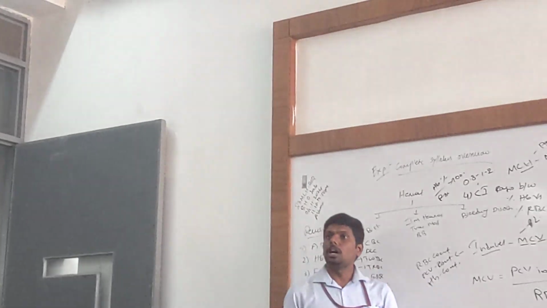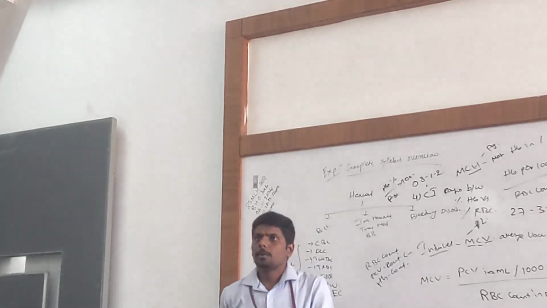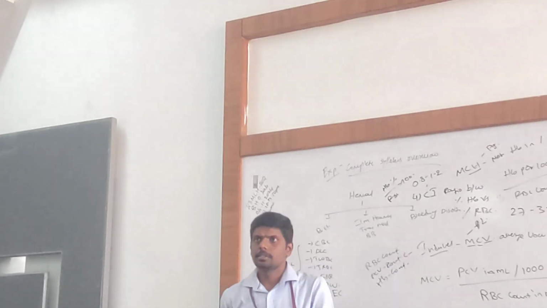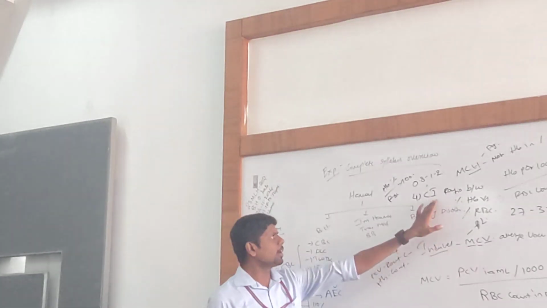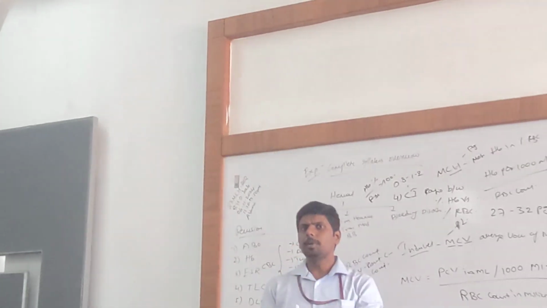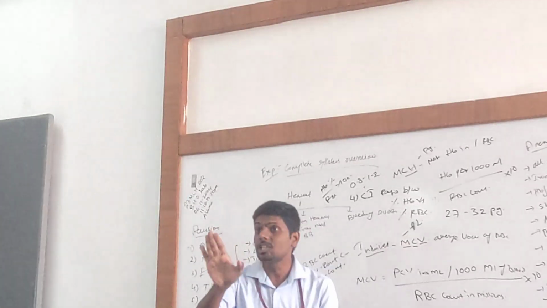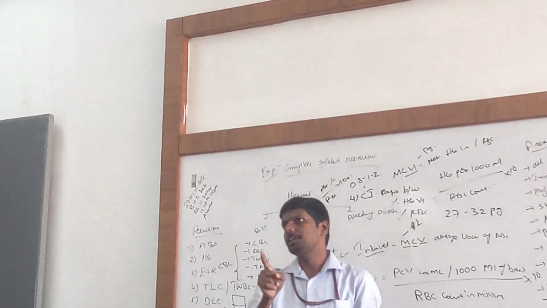So yes, Julika has some doubt. Yes. Color index. In color index, what we are doing is, maybe the patient has normal HB. When we calculated the hemoglobin of the patient, it came as a normal value.